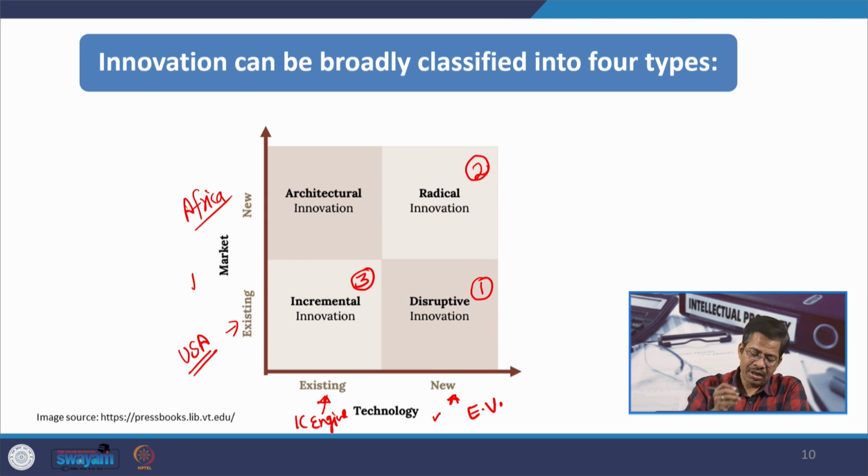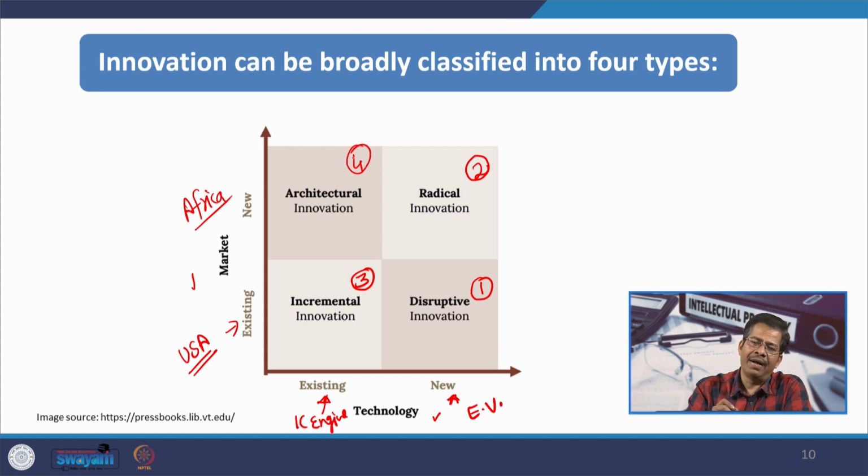That is just identifying new customer segments for my existing technology. For example, if there is a market at this moment where mobile phones have not reached, that is the architectural innovation.